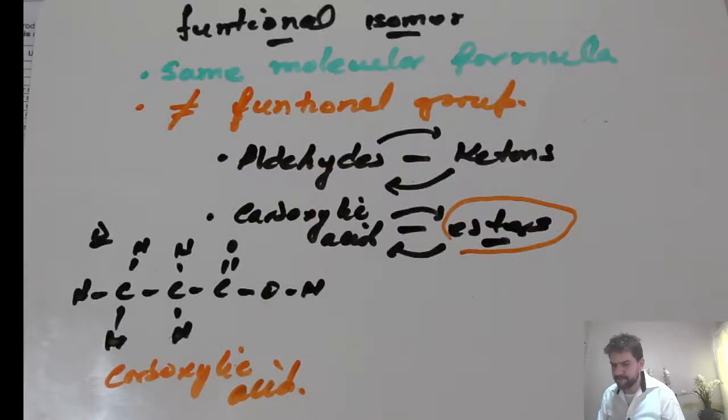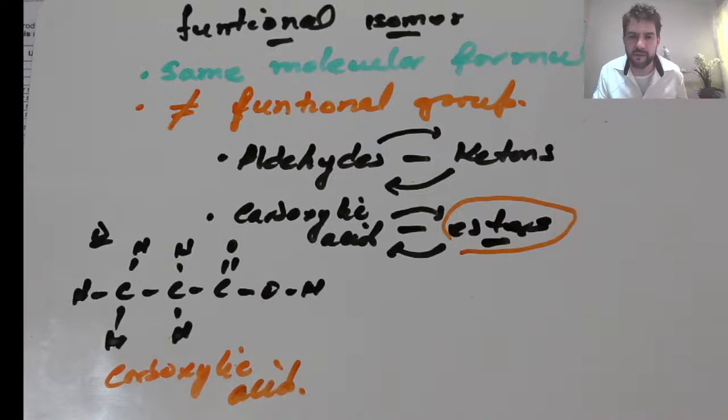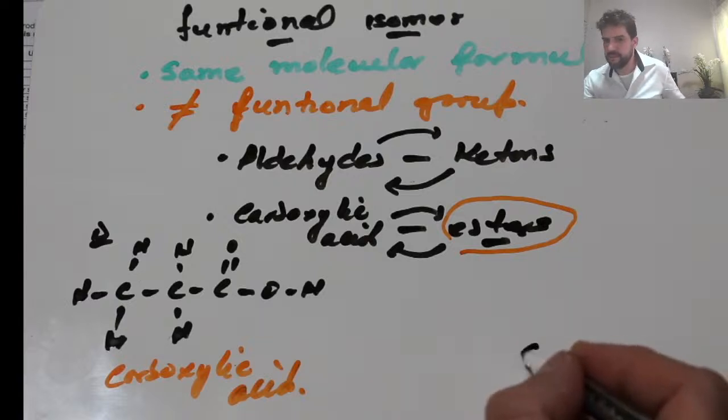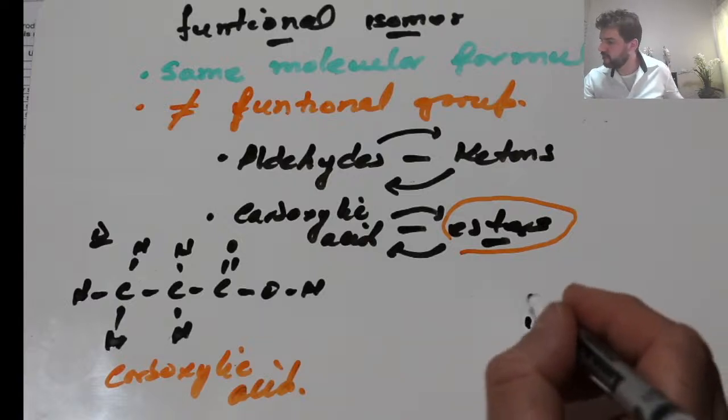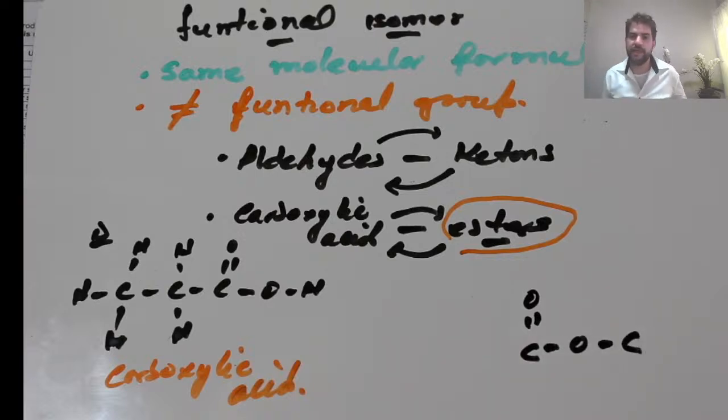I have to move my face out of the way again. There we go. Functional group first for the ester. Carbon, double bond oxygen. This one is oxygen, and then carbon. That is the functional group of the ester.